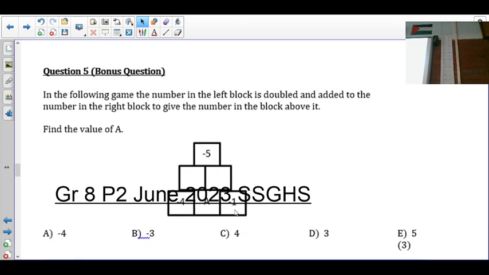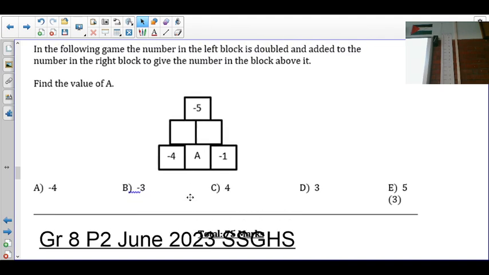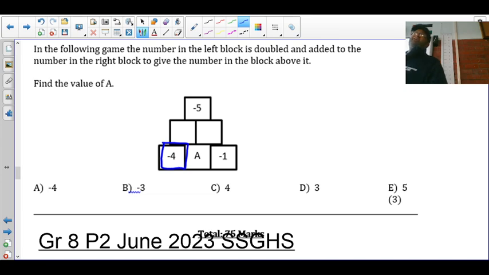And now we come to the bonus question. Here we are told that in the following game, the number in the left block is doubled and then added to the number in the right block to give you the number in the block above it. Find the value of a. So in other words, the number in the left block is doubled. If I double negative 4, it's negative 4 times 2, which is negative 8.